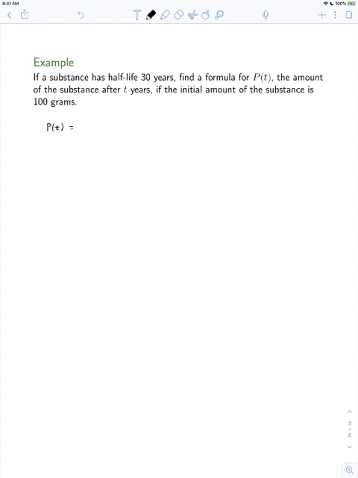It's P of t equals the initial amount times e to the minus kt. Or you could have just k and then use the fact that k is negative. But let's write it like this, where k is assumed to be positive. I know that this is decay, so I'm going to write it like this, where k is positive, but I have the negative sign there.